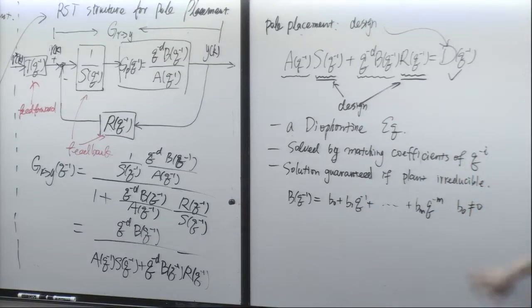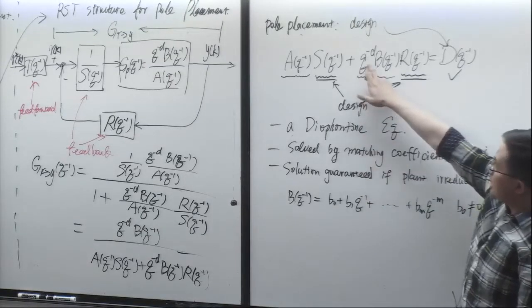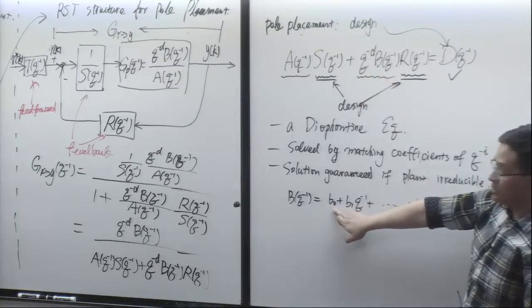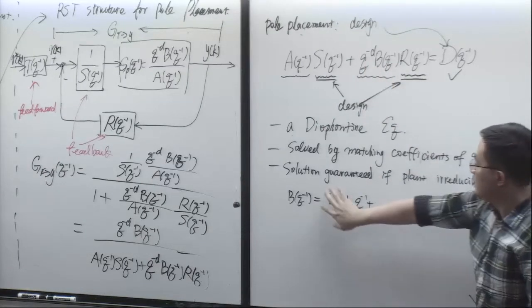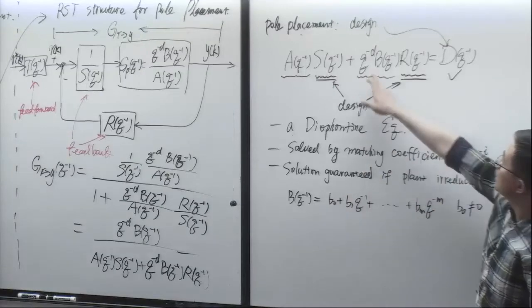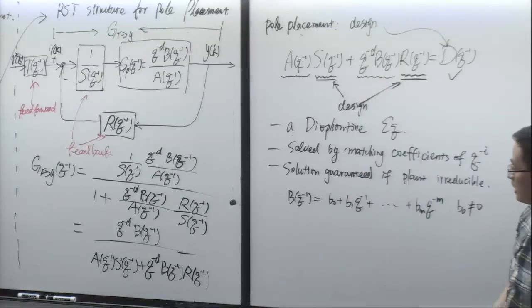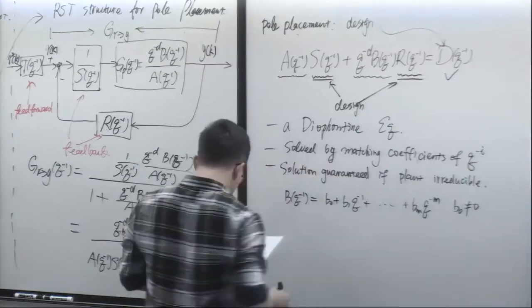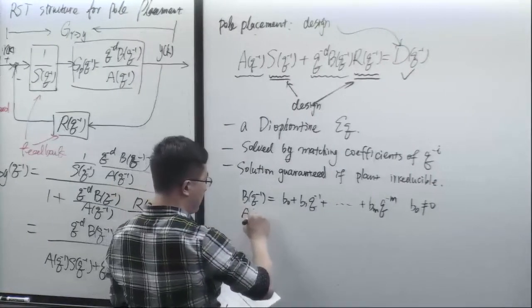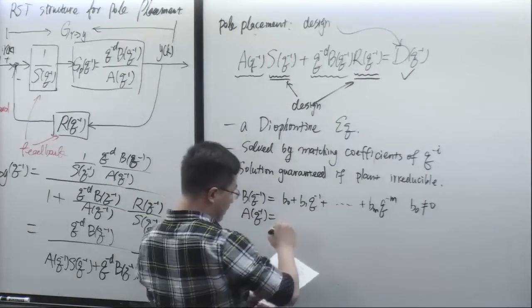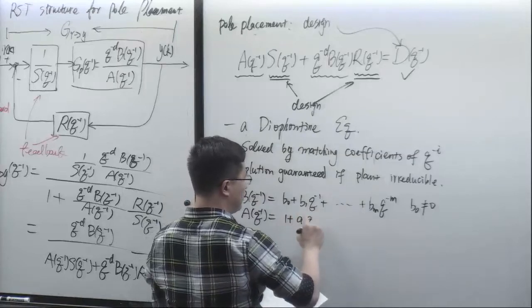In other words, we have factored out all the delays, and this leading coefficient is not 0. Otherwise, we're going to have an actual step delay that we need to factor out into D. So M is the order of B, and then A is of order N.